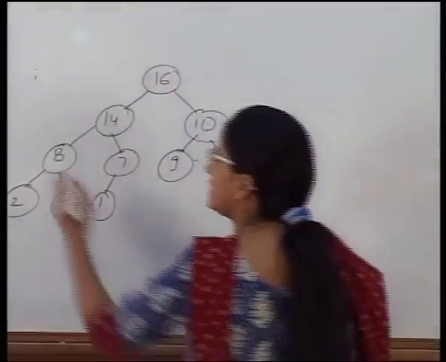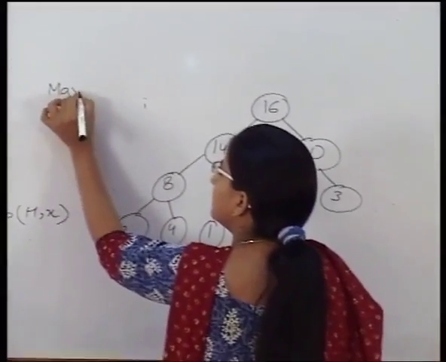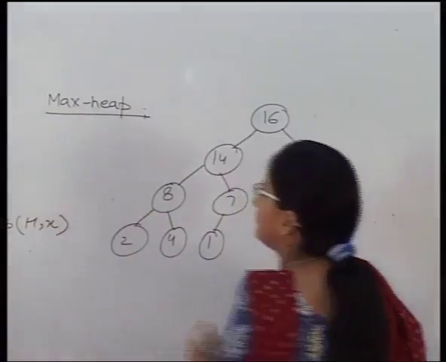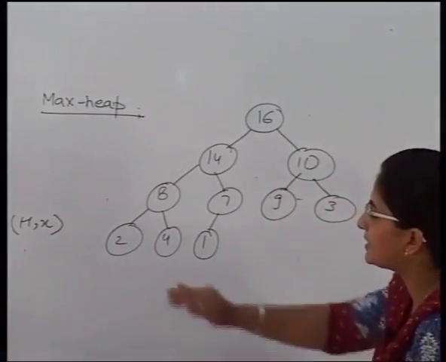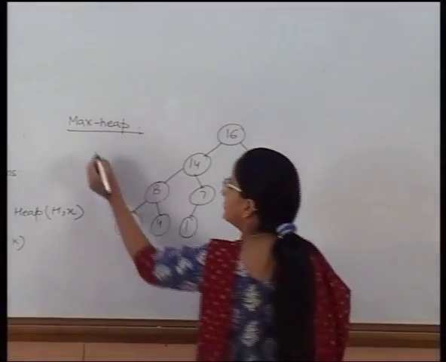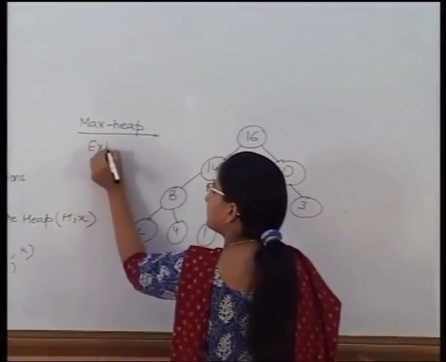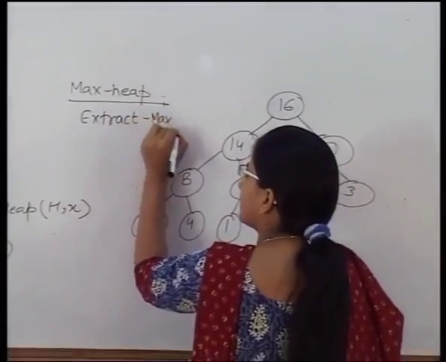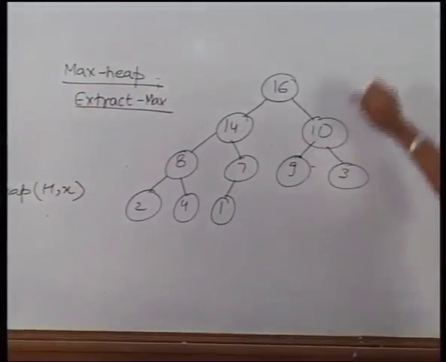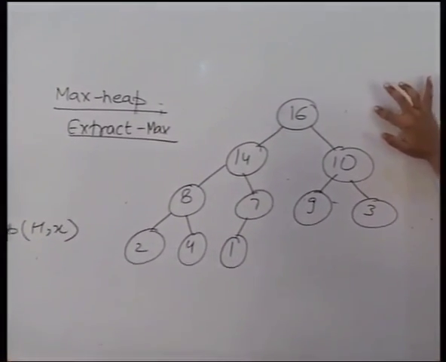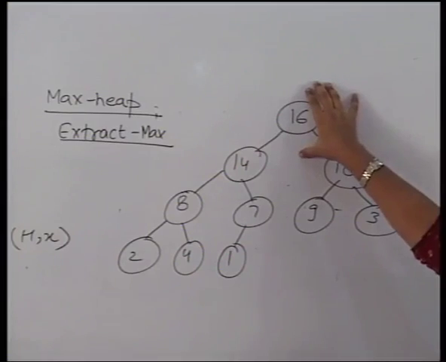It is a max heap and we are supposed to perform the extract max operation here. Now the maximum of this heap according to the definition, and again you can observe here, is the root value, that is 16.